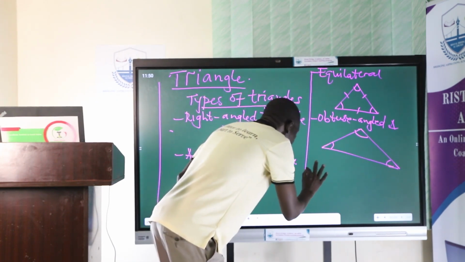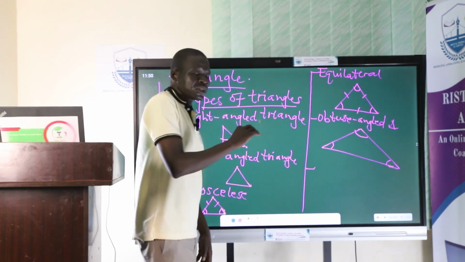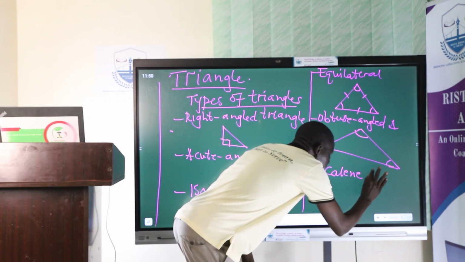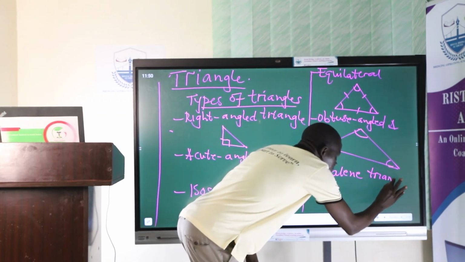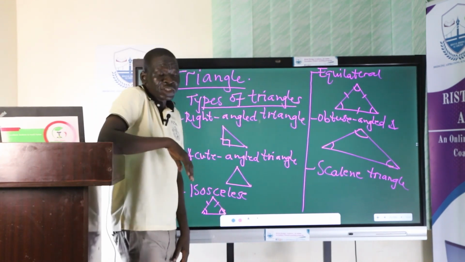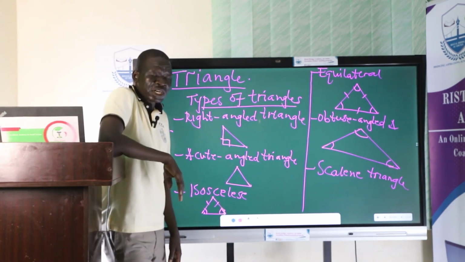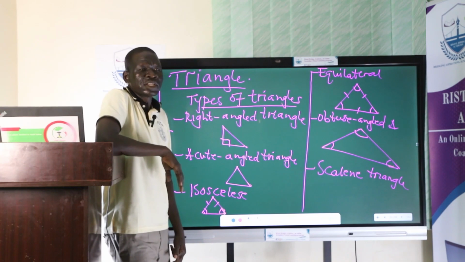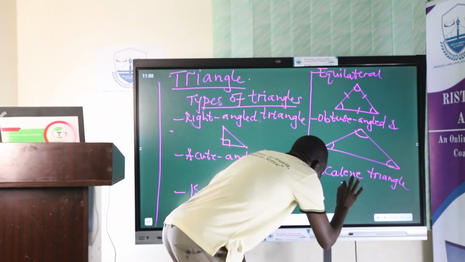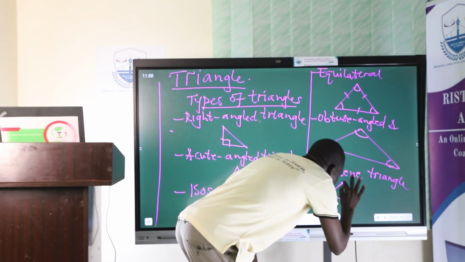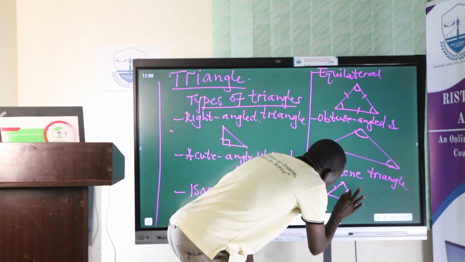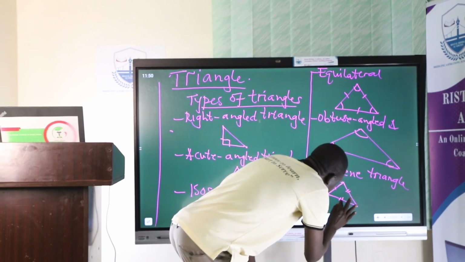Then the other one is what we call scalene triangle. This is the type of triangle which has all the angles not equal and all the sides not equal. This is how it looks like. This side is not equal to this and is not equal to this one.